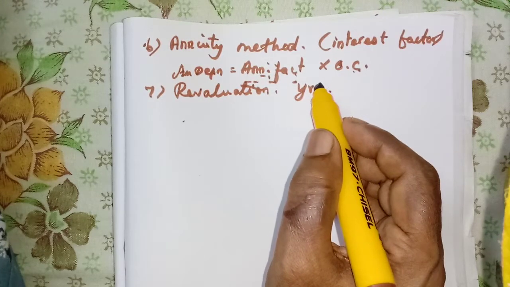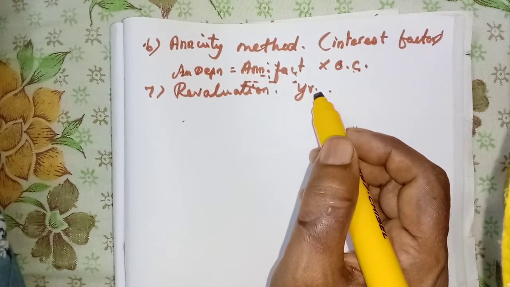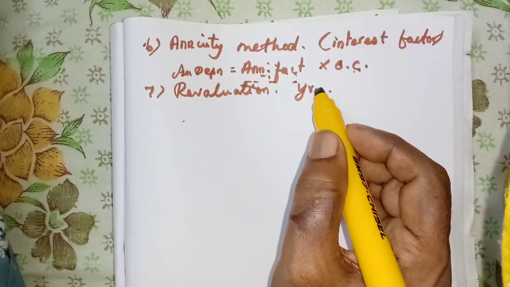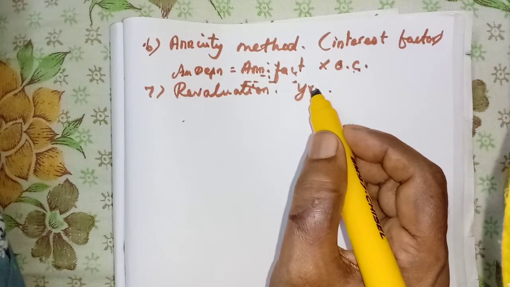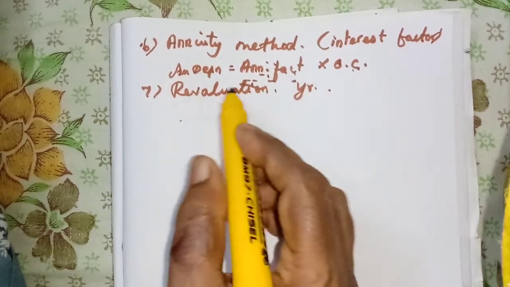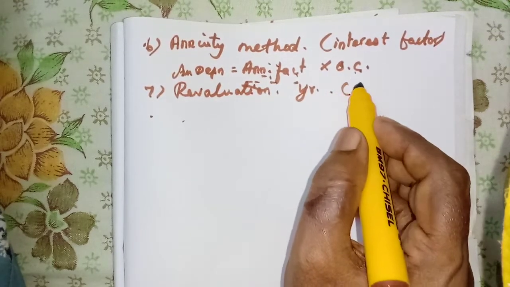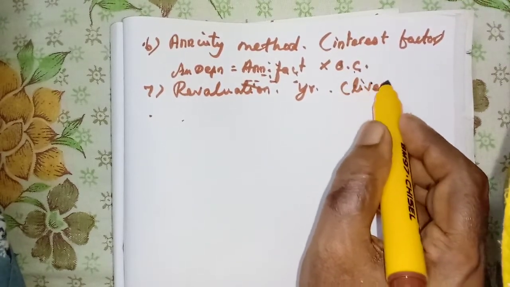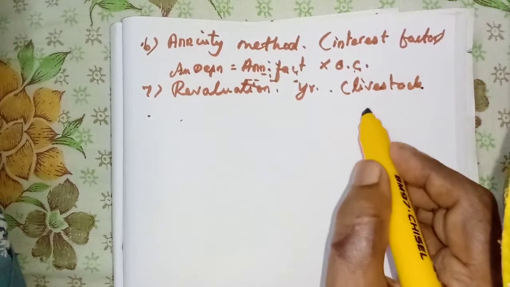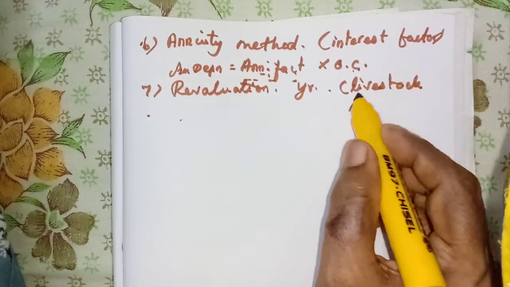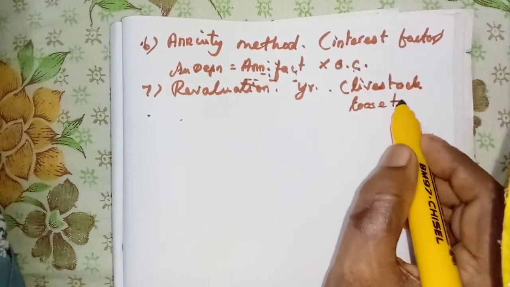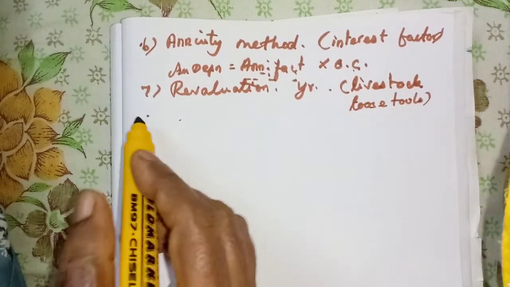So the difference between the opening value and the closing value will be considered as the depreciation here. This method is used for livestock, loose tools, and equipments.